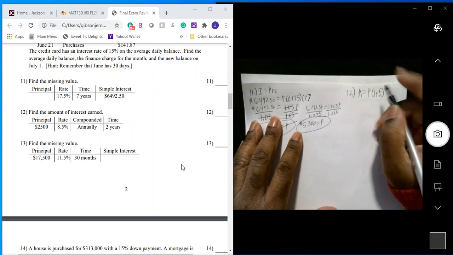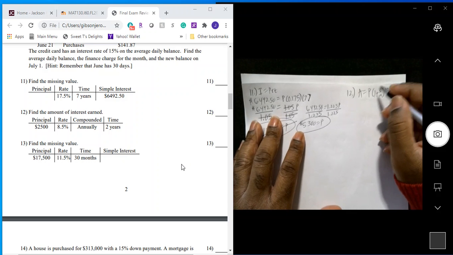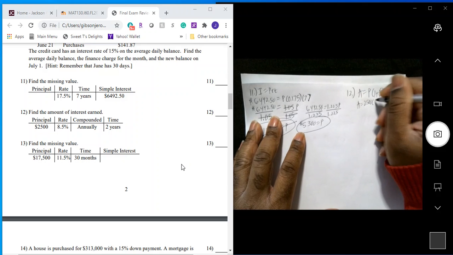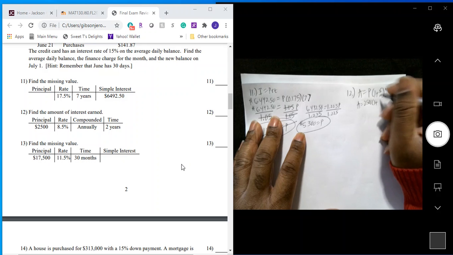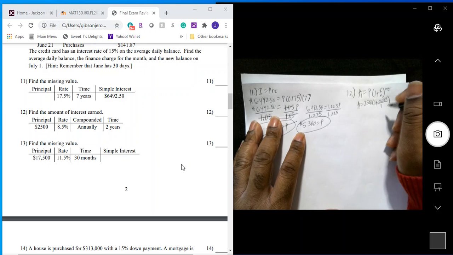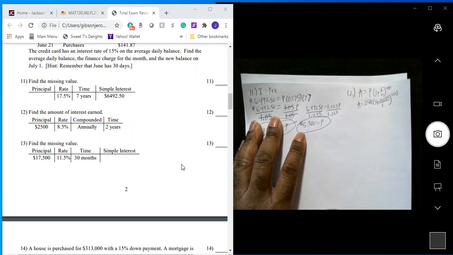So we want to know how much interest it is, and they just say it's annually. So the principal is $2,500. The rate is 0.085, and the number of times is once. And then N will be once, and then T will be 2.